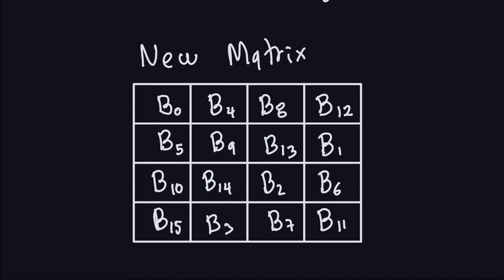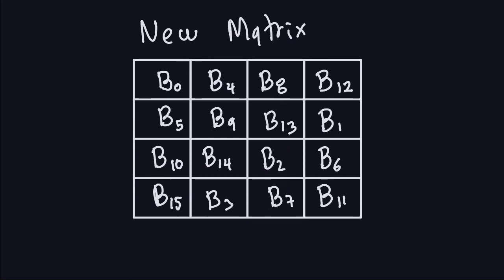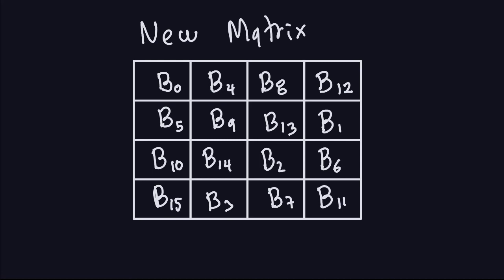Of course, the answer should not be a matrix or any array. It should be a 128-bit block. And you're going to read it like this, starting from the first column, up, down.